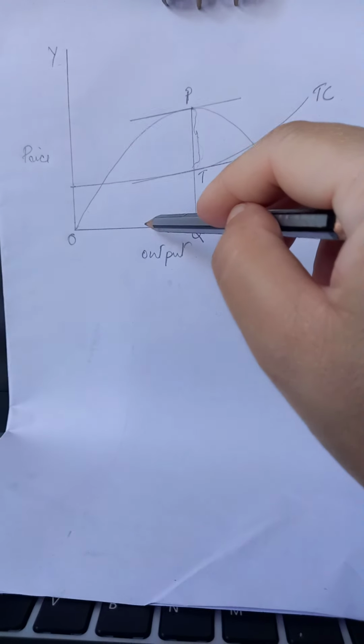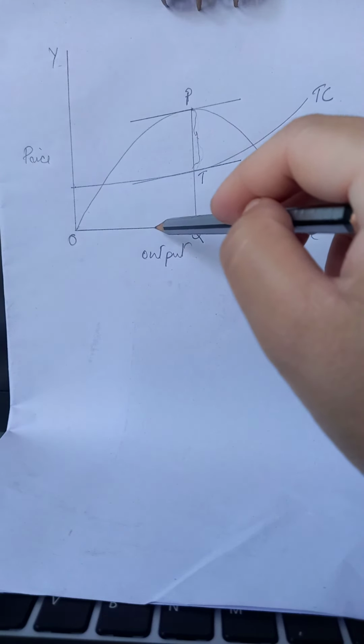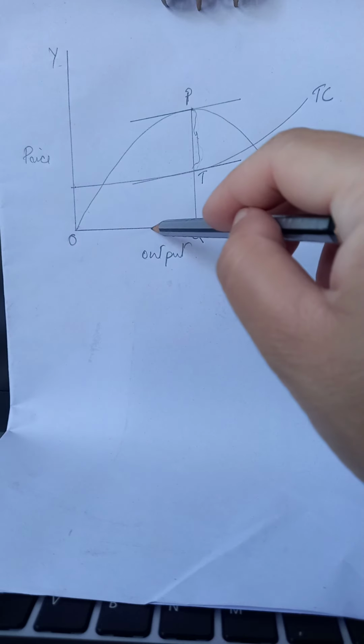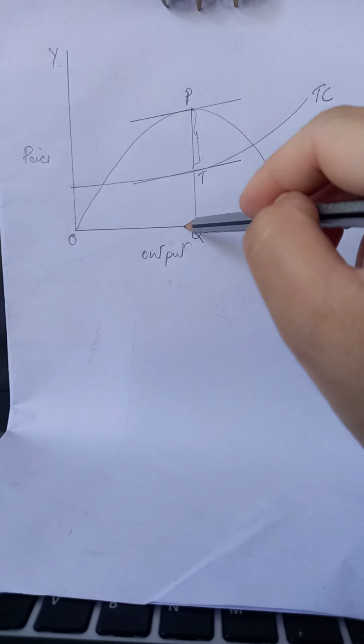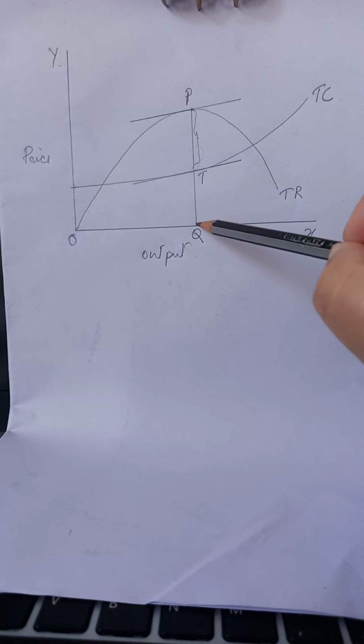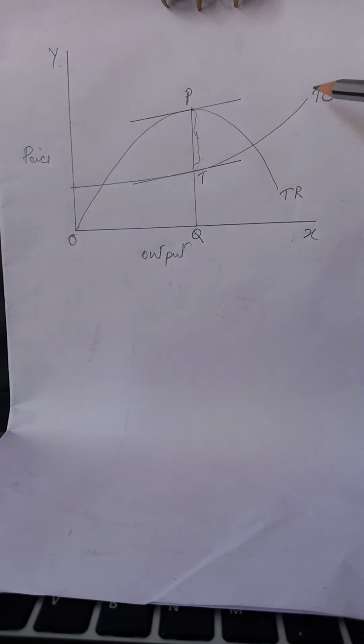But if we go on, there are chances for him to enjoy profits. At this particular stage, his TR, his revenue, starts to increase. But beyond point Q, if he is not satisfied, let's say he's quite greedy, he goes on producing more and more, he'll be running at a loss, because this TR starts to drop and this TC starts to increase.